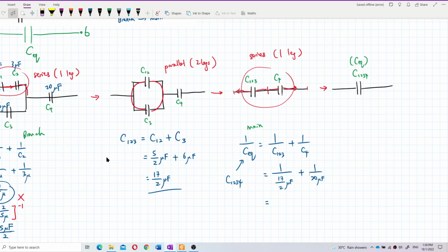I get 57 over 340 microfarad. Is this correct? Is this the final answer?